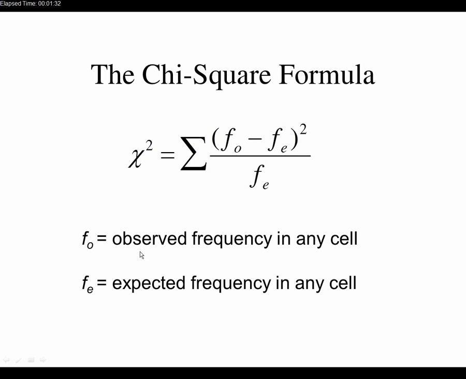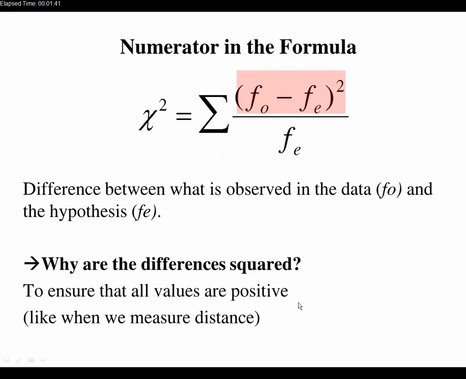Okay, and here's a little legend here for you on the bottom: the observed frequency in any cell and the expected frequency in any cell. Okay, the numerator in the formula means the difference between what is observed in the data, F observed, and the hypothesis, which is the frequency expected.